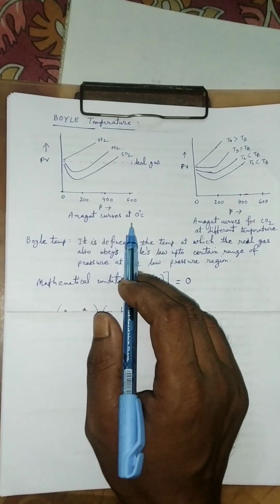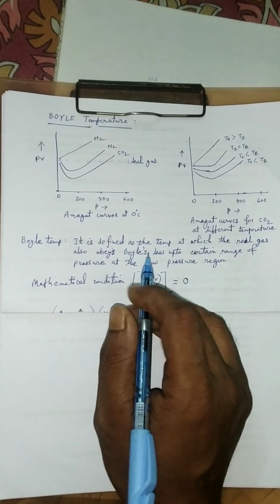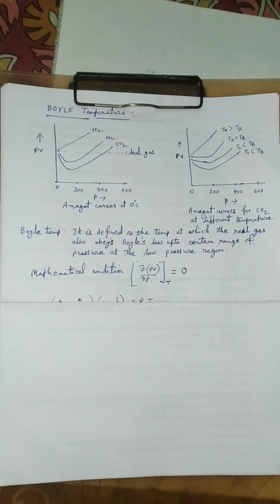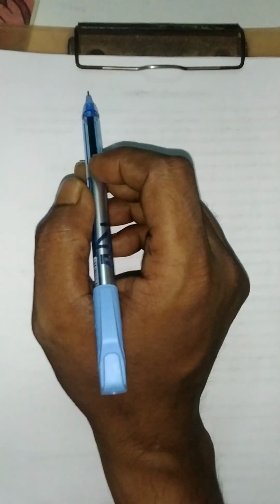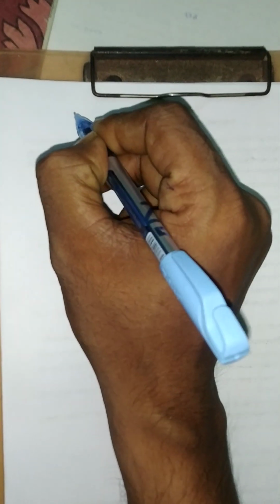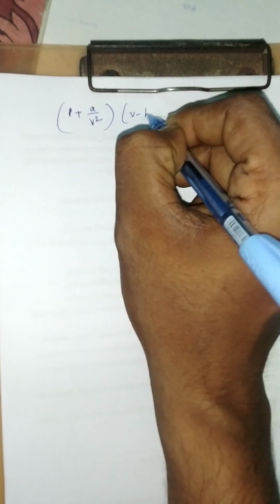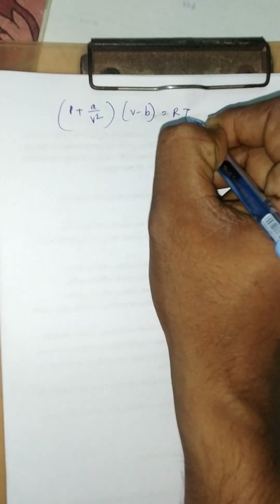For the derivation of Boyle temperature, first we write the real gas equation. We know the Van der Waals equation or real gas equation for 1 mole gas is (P plus a by V square) into (V minus b) equals RT.